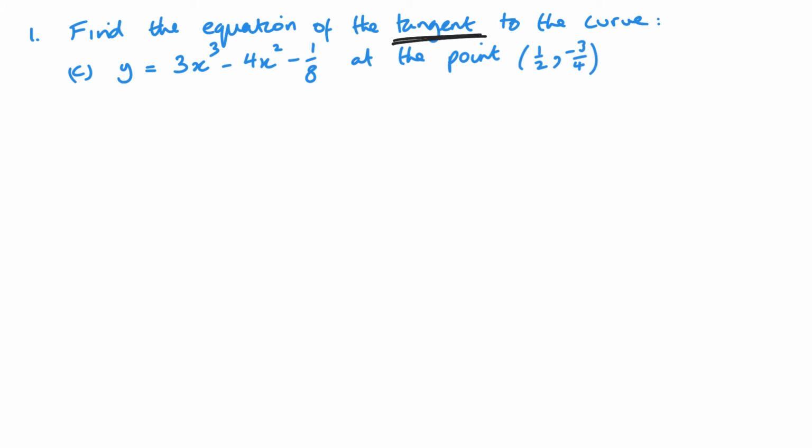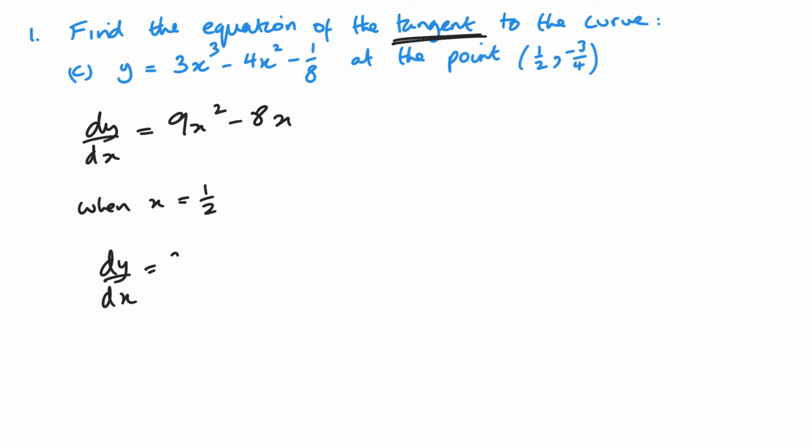Again, third and final tangent here, so differentiate 9x squared minus 8x. Now we need to substitute x equals half in to find my gradient. So we get 9 lots of a half squared minus 8 lots of a half.